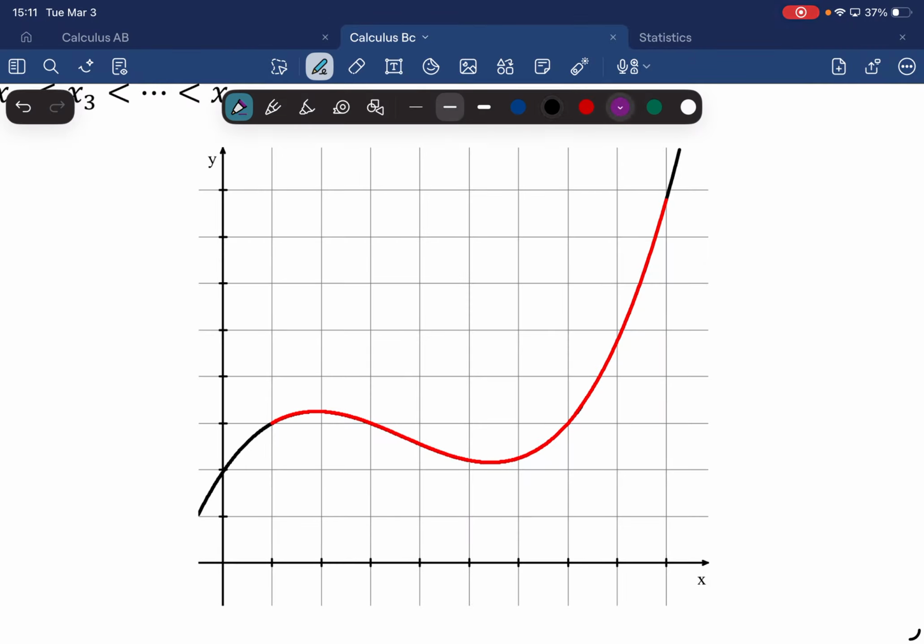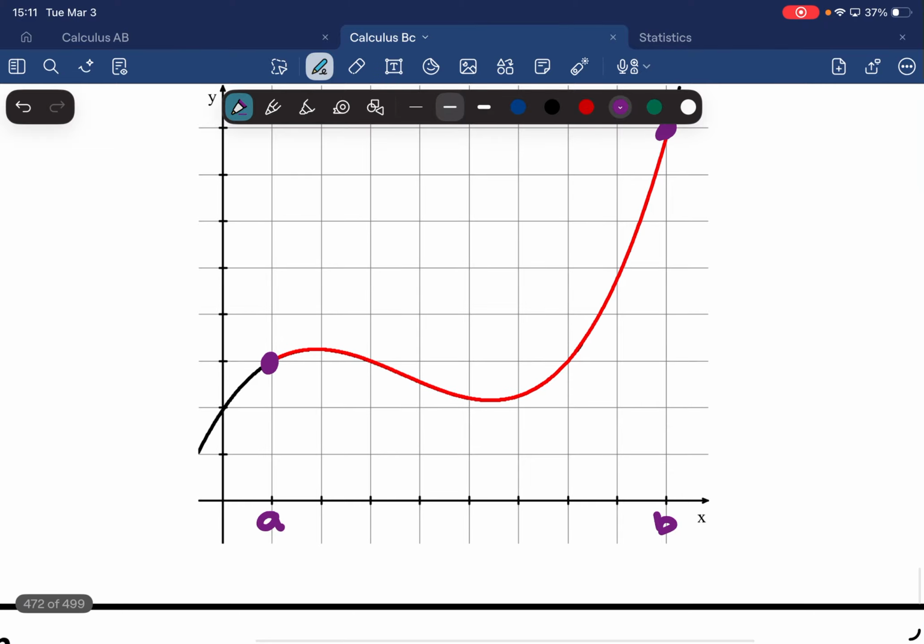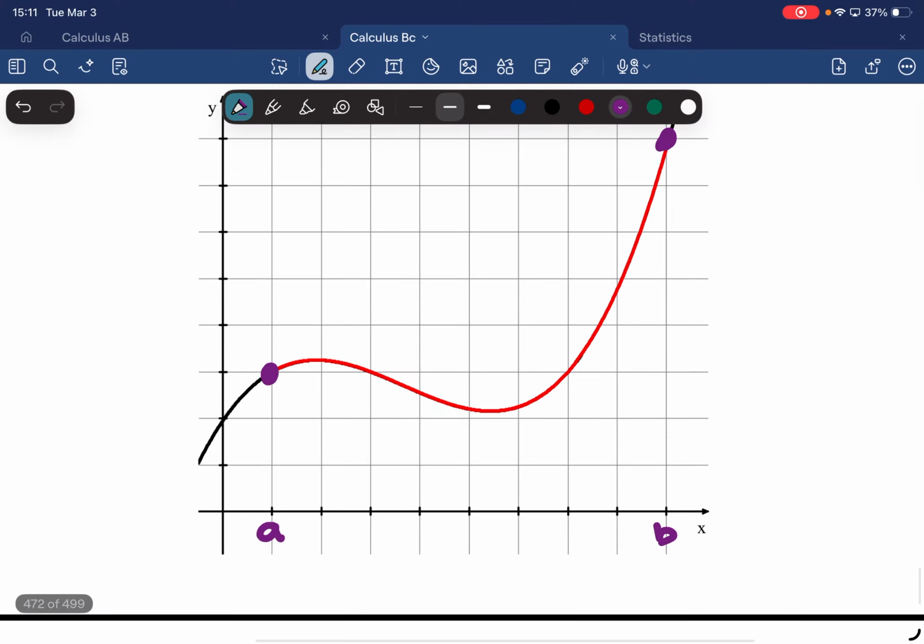Okay, so now you can draw this part. I'm starting here at A, and I'm ending here at B. Let's say I had one segment that goes from here to here, and then I draw a line. We're going to call where that first segment ends x sub 1.